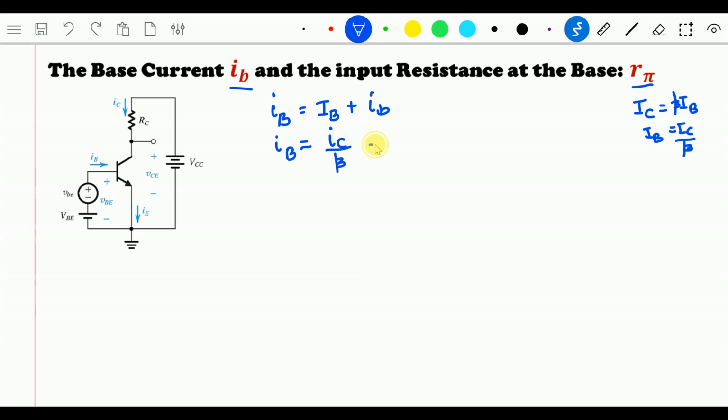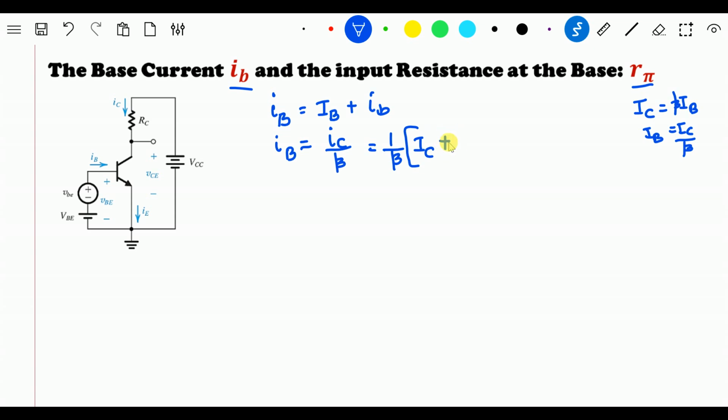So this can be written as 1 over beta into the instantaneous collector current, which we knew earlier was the DC collector current added with the AC collector current, IC into (1 + vb by VT). This we derived earlier, while deriving the transconductance gm.